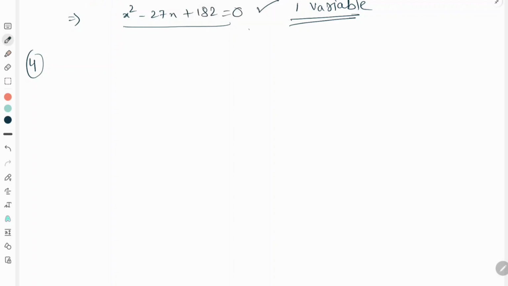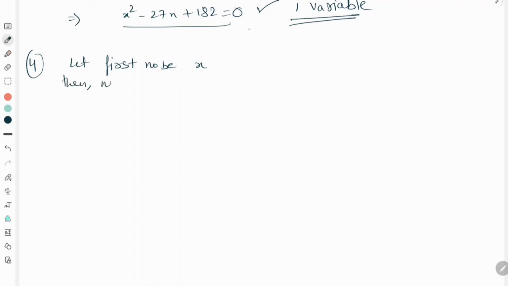Now let's move to question number 4. In question number 4, we have to find two consecutive positive integers. So let the first number be x. So what will be the next number?